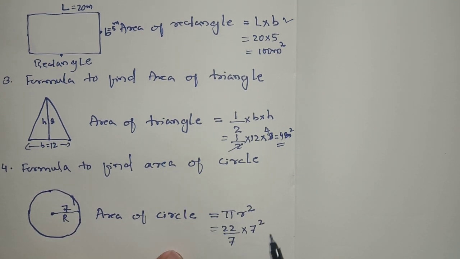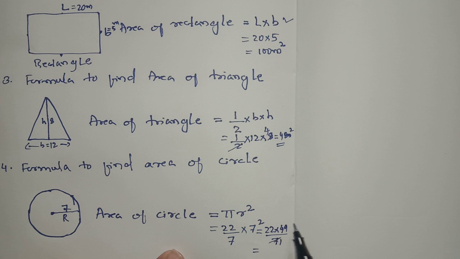Now this can be written as 22 into 49 divided by 7. 7 ones are 7, 7 sevens are 49.